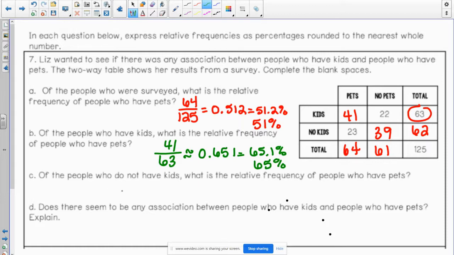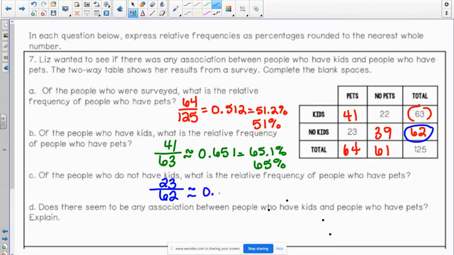Okay, of the people who do not have kids. So people who do not have kids. So my total this time on the bottom is going to be 62 because they do not have kids. I'll fix that here. There you go. And have pets. So have pets is 23 of the 62. So 23 divided by 62.